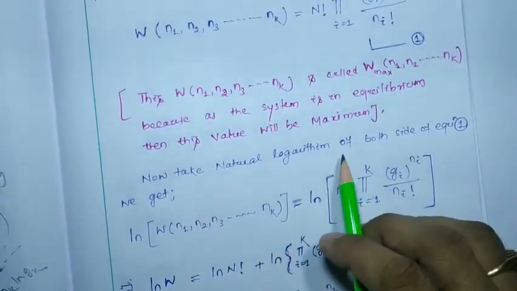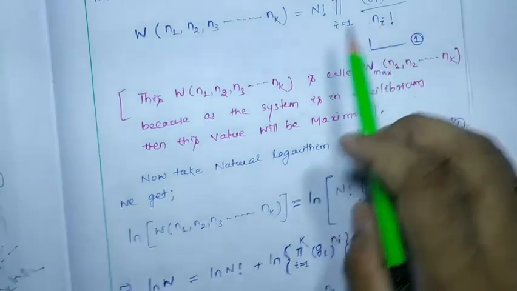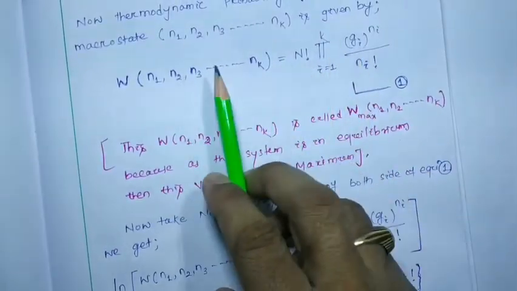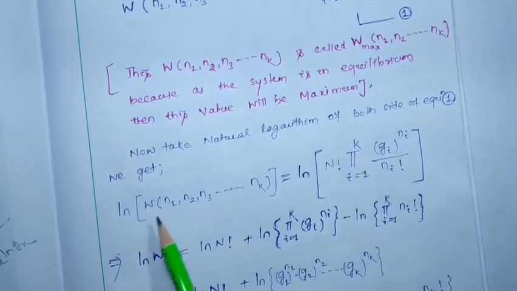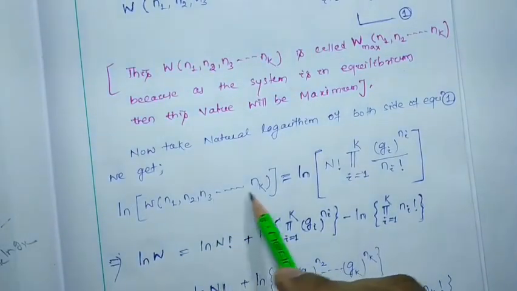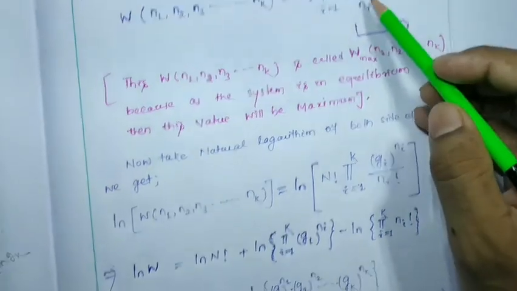Now take the natural logarithm of both sides of equation number 1. So it will be ln W(n1, n2, n3 up to nk).